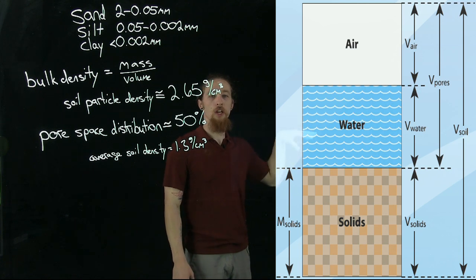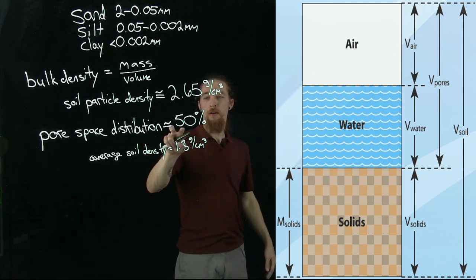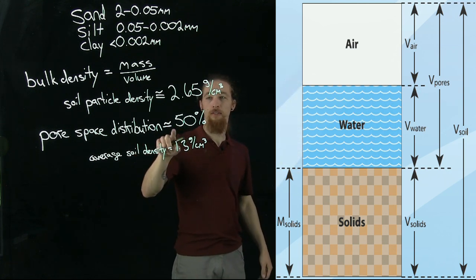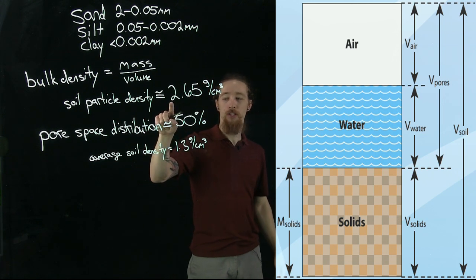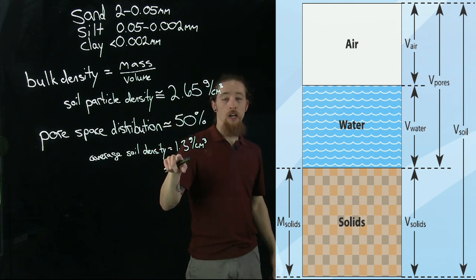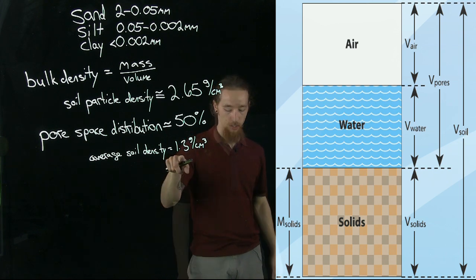So this is where we get the volume of our pore space distribution being about half, and thus soil particle density yielding an average soil density of 1.3 grams per cubic centimeter.